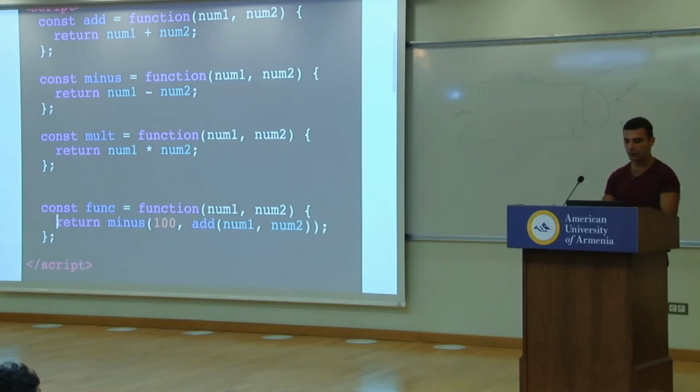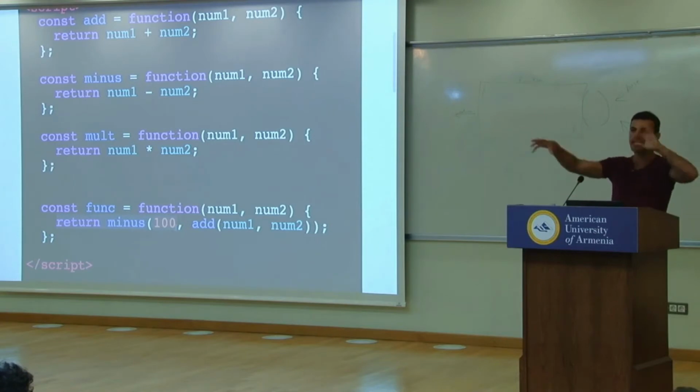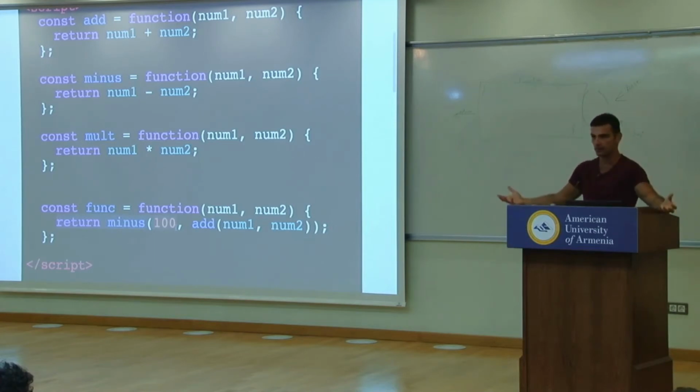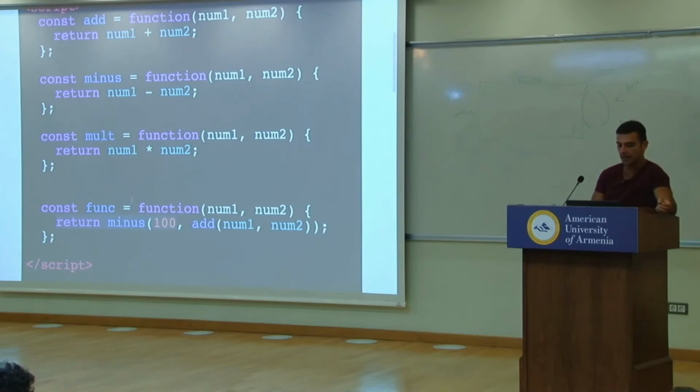Yeah. So this thing that we just did here is called function composition. What do we mean by composition? You're composing. You're taking existing things and you're sticking them together to make a newer, more interesting thing, right? So I took a basic function like add and minus, and I combined them together to make a more complicated function.